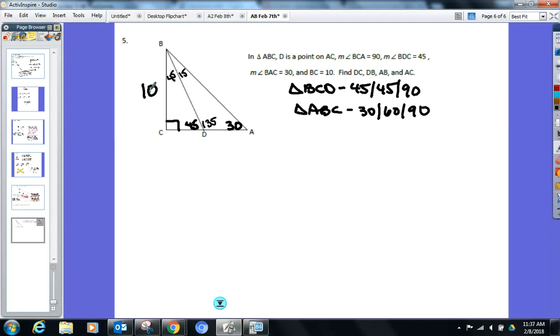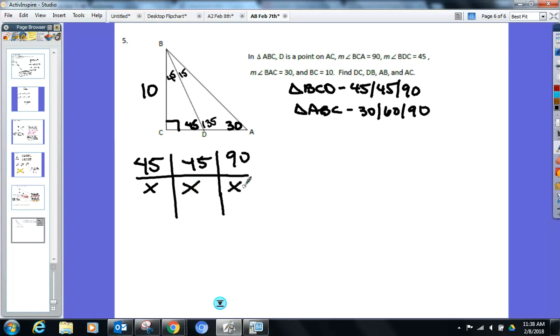All right, we ready? What triangle do you want to start with? Because we could start with any of them, the 45 or the 30? 45, you got it. So everyone take a look at BCD. 45, 45, 90. What are my rules? X, X, X radical 2.